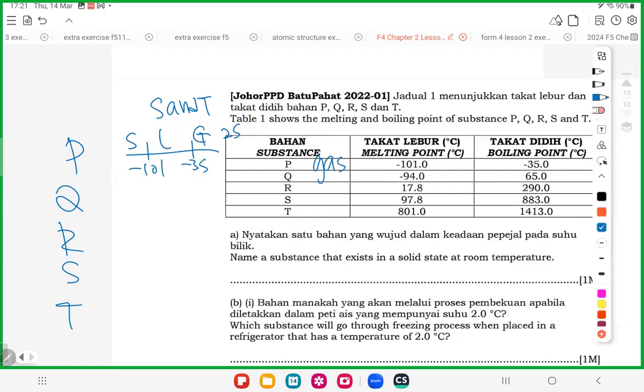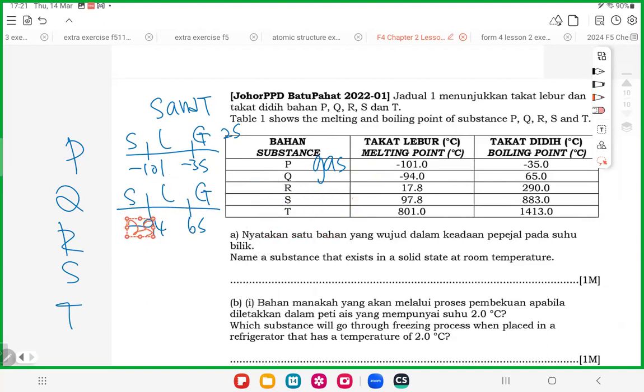So look at the second one, Q. Melting point negative 94, boiling point 65, solid, liquid, and gas. You're looking for 25 degrees Celsius, room temperature. Where is 25? 25 is in the middle of negative 94 and 65. So in the middle, it's liquid. This one should be a liquid.